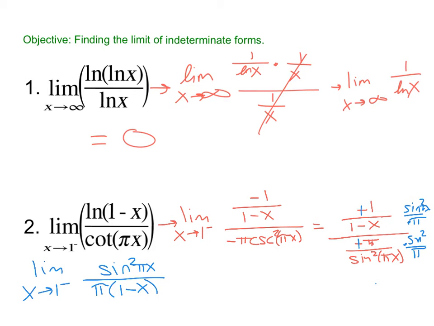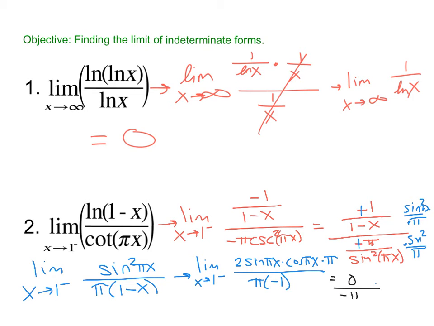So we're going to do L'Hopital's rule again. So then that's the limit as x approaches 1 from the left. The derivative of the top, 2 sine of pi x, cosine pi x, derivative of the inside is pi, all over pi times negative 1. So now when I plug in, sine of pi is 0 over, all that's multiplying, negative pi. So I just get 0. Right, so that one's pretty rough.